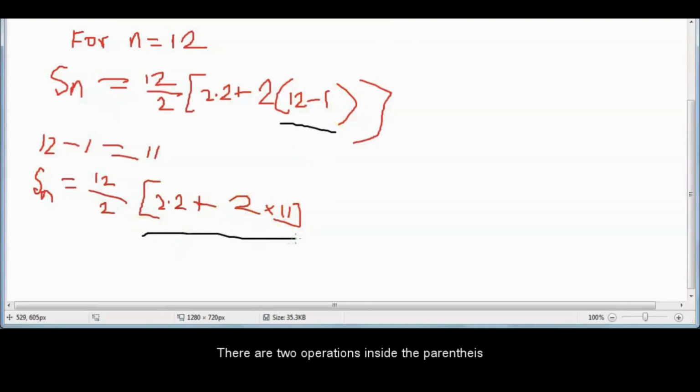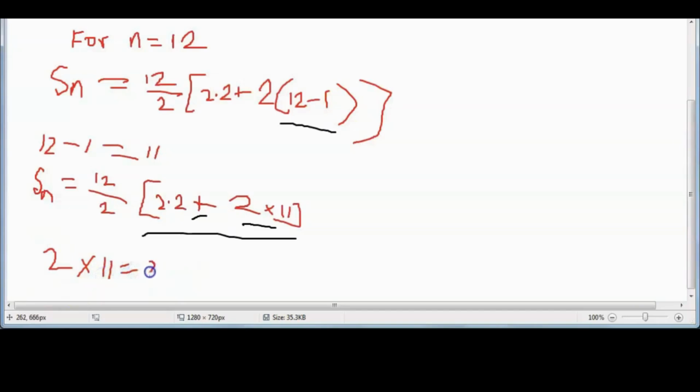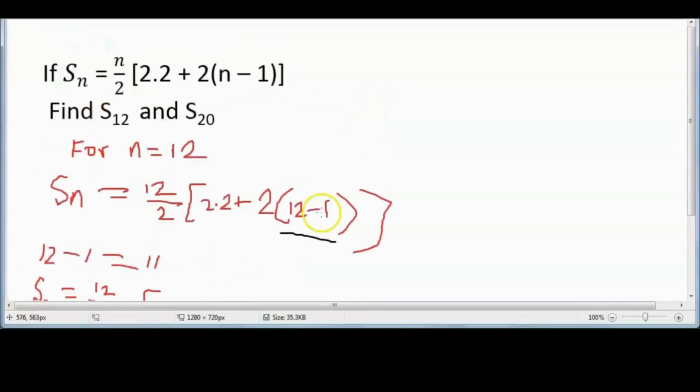There are two operations inside the parenthesis, a multiplication and an addition. Multiplication takes precedence over addition. So we start with 2 multiplied by 11. 2 times 11 equals 22. So once again, the equation will change.